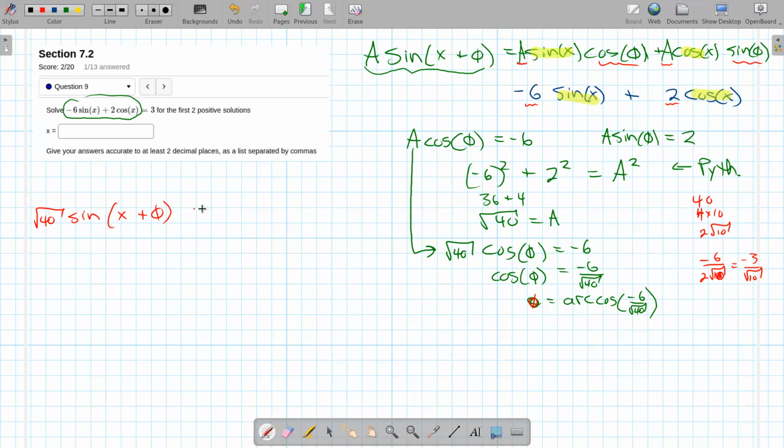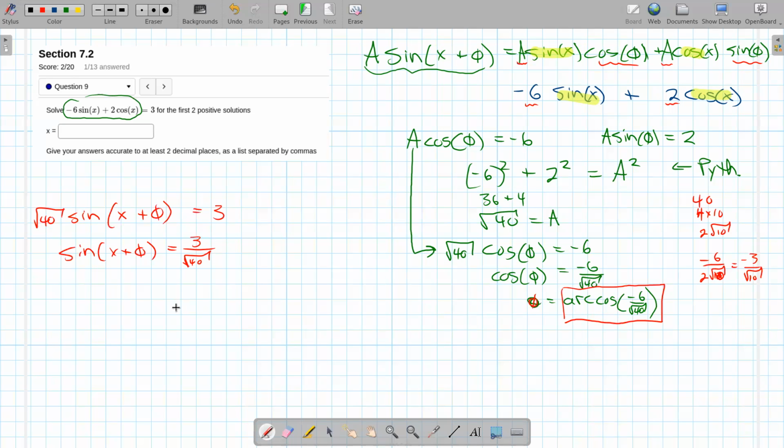So that has to equal 3. And again, we know phi is this number over here, and we'll plug that in in a moment. So to solve for sine, I just divide the square root of 40 to the other side. So sine of x plus phi is 3 over the square root of 40.